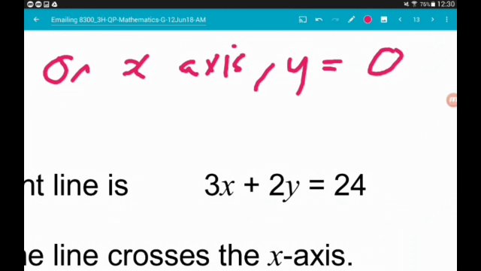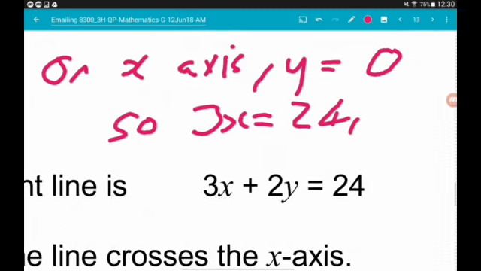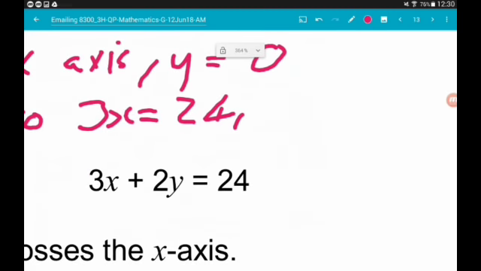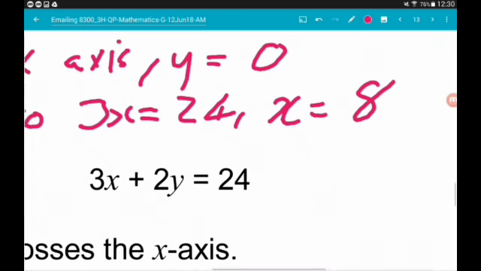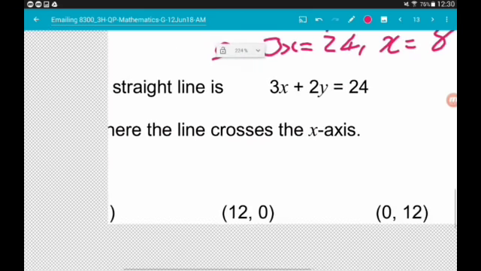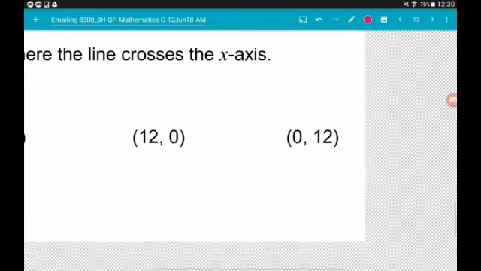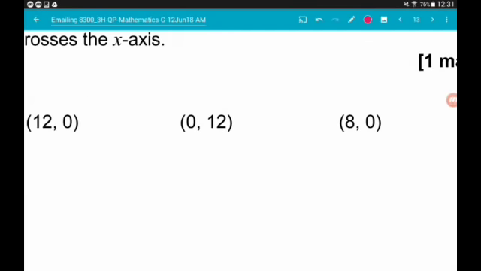So the y term will disappear. So we'll get 3x is equal to 24. Divide by 3, x then is equal to 8. So the coordinates are going to be 8, 0, which is there at the end. Cool.